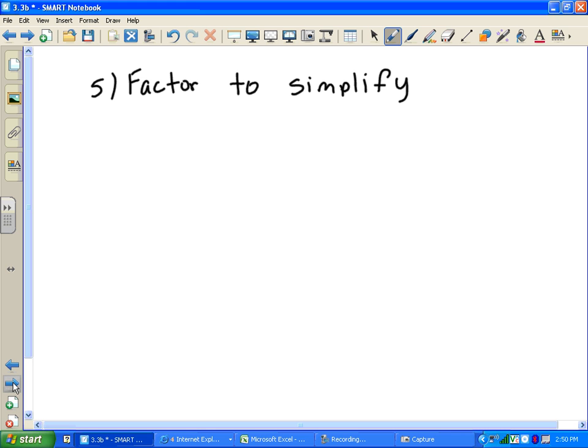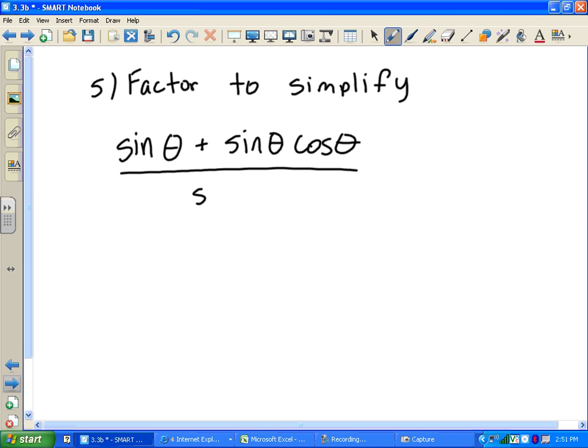Okay, number 5, factor to simplify. So let me give you an example here where I could use this idea. Let's say I ended up with something here, let's say sine theta plus sine theta cosine theta over sine theta cosine theta.